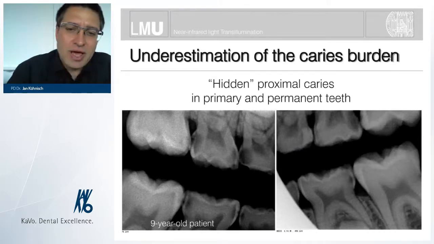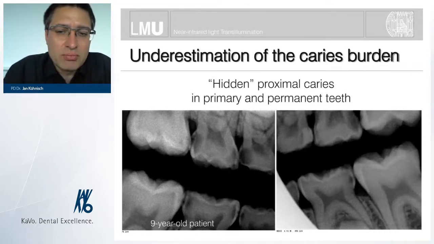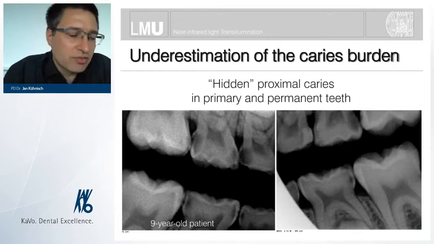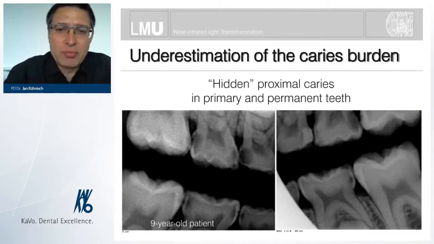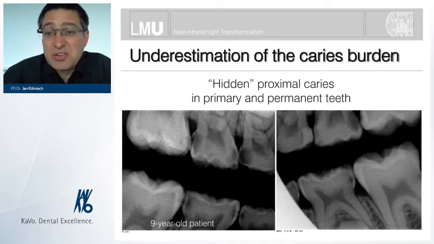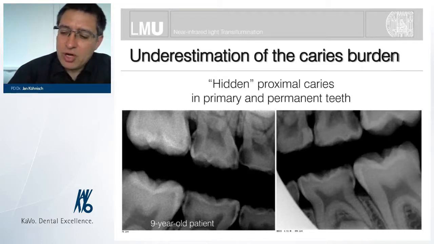You see the large cavities in the primary molars, as well as the beginning caries lesions on the mesial surfaces of the first permanent molars. For that reason, it must be stated that we have a problem on proximal sides. Here we need additional diagnostic tools, and this is maybe the link to today's webinar.